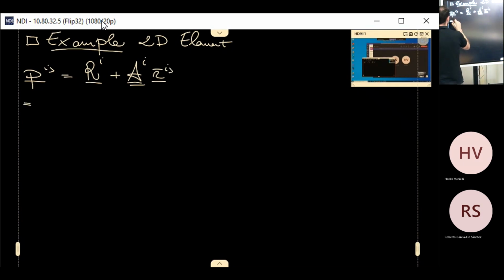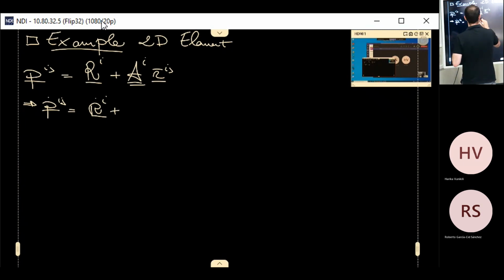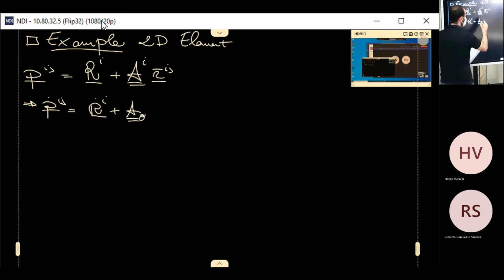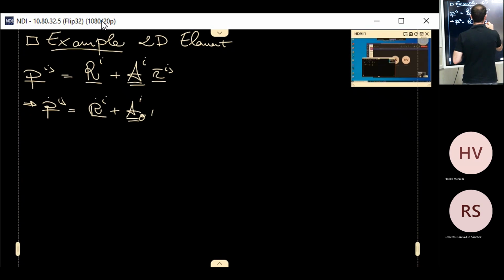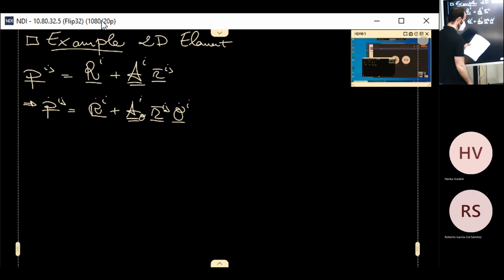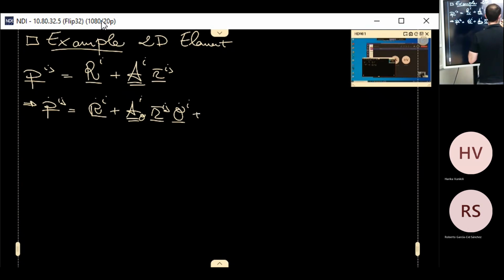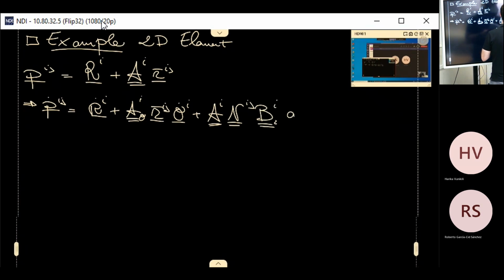And in particular, from this, we elaborated that P-dot_ij, so the velocity, was R-dot_i plus A-theta_i applied over R-bar_ij applied over theta-dot_i plus A_i N_ij B2_i Qf_i-dot. Okay?